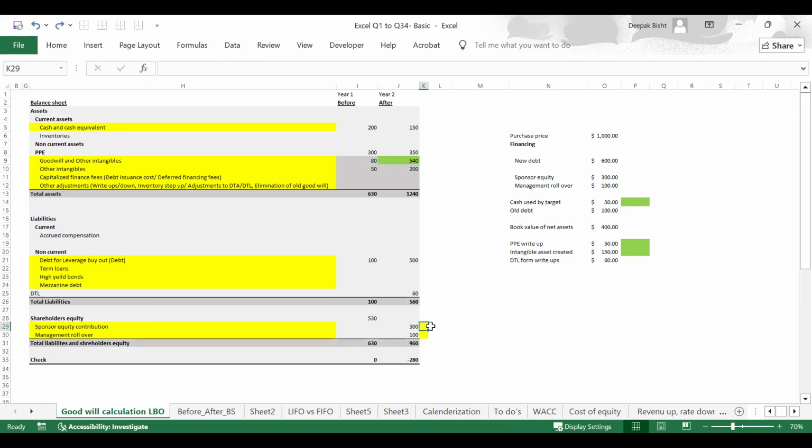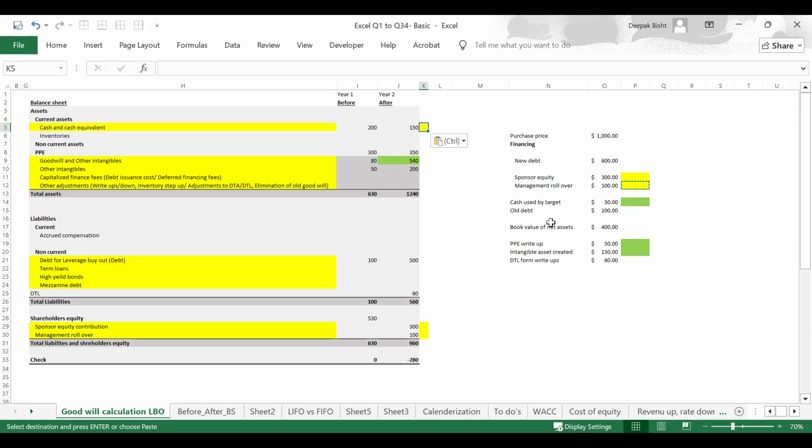The cash used by the target was $50. This means our cash is reduced by $50, and if you can see, I have subtracted $50 from 200. Yes, indeed, our cash reduced by $50.